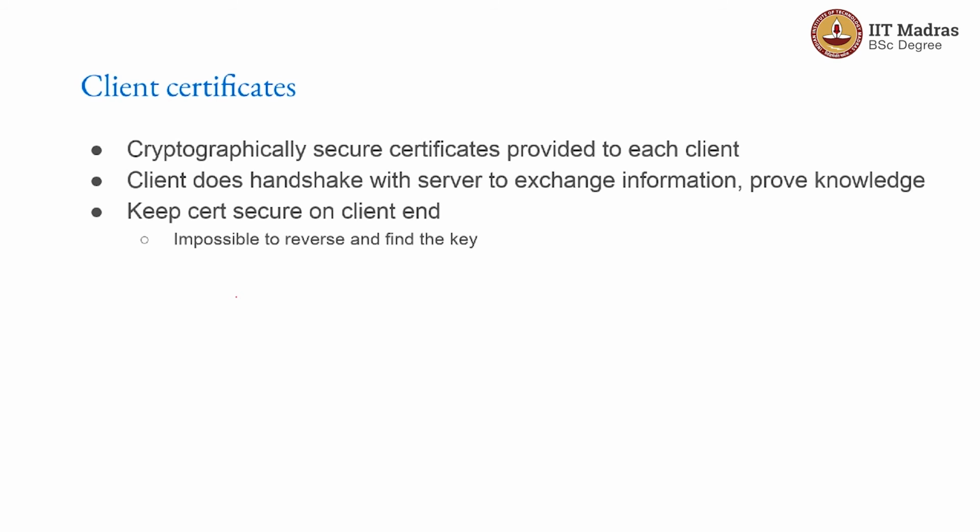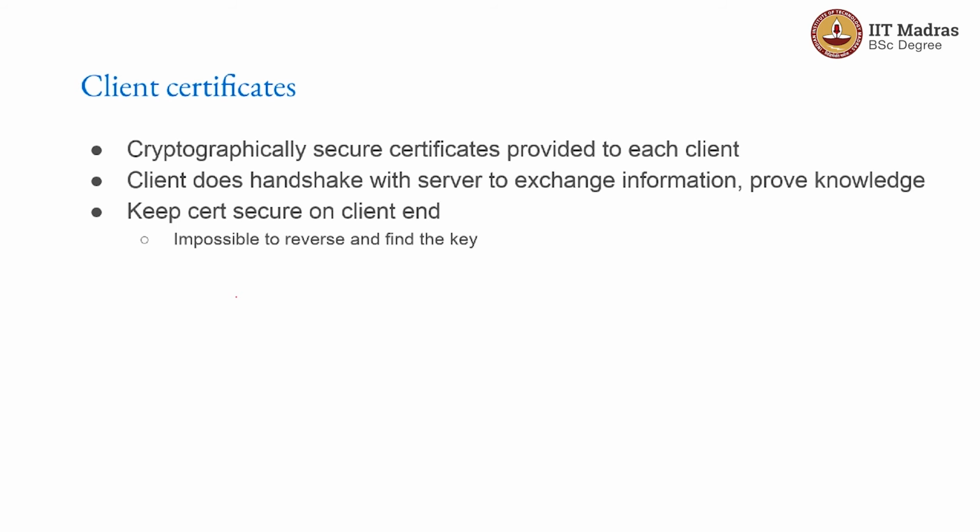Now, in the same way, I could also do the other thing. I could say that a client needs to show some information to the server to convince the server that it is an authentic client. Of course, normally we do that by using passwords. What we are saying is you could use the same kind of mechanism, that server certificate, but now do it on the client side.